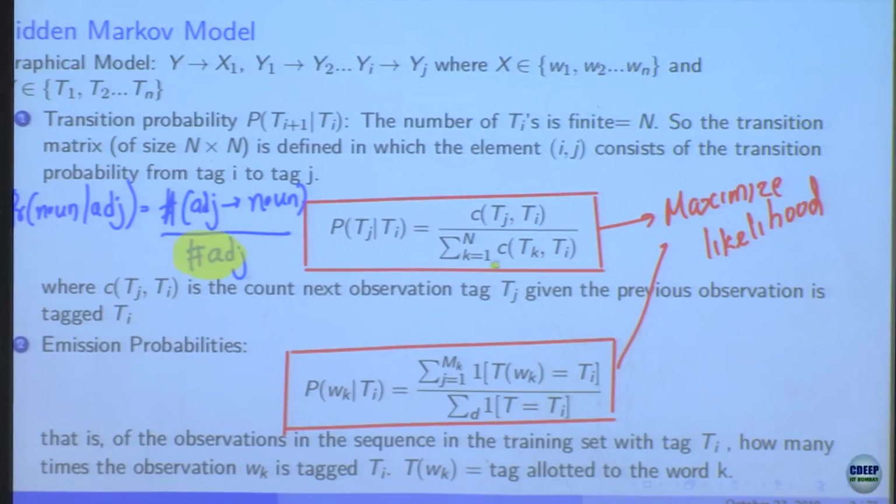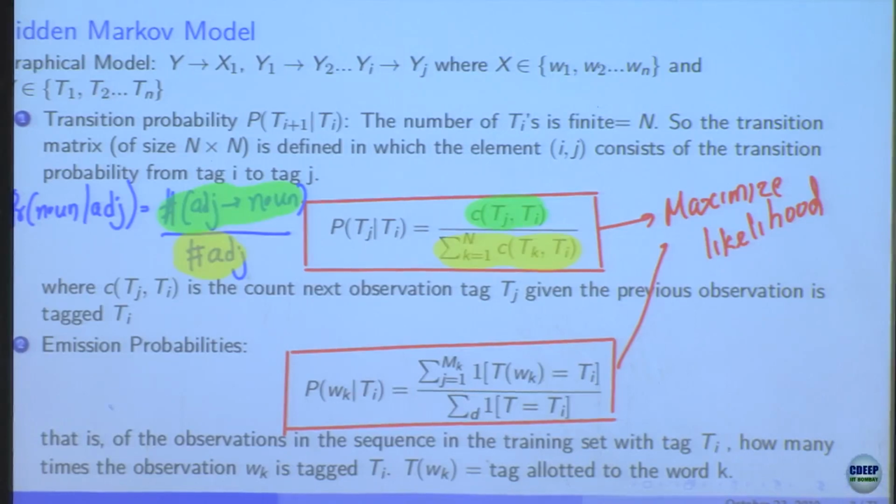This is the number of times an adjective was seen at all, and the numerator is the number of times an adjective was followed by a noun. That's it. Is this intuitive? But that's what likelihood maximization will do.